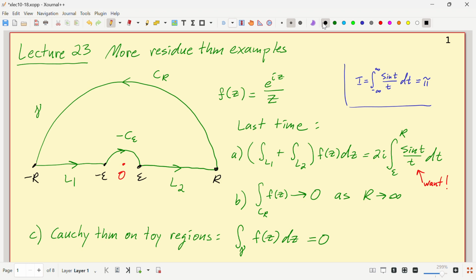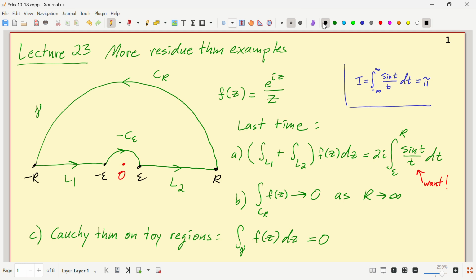That happened because sine t over t is even, and the other piece, which should be the real part, cosine t over t, is odd. So when you add those two symmetric sides up, they cancel, and that real part goes away.